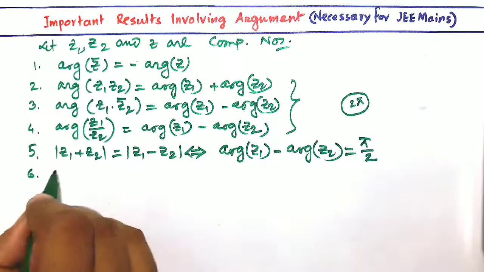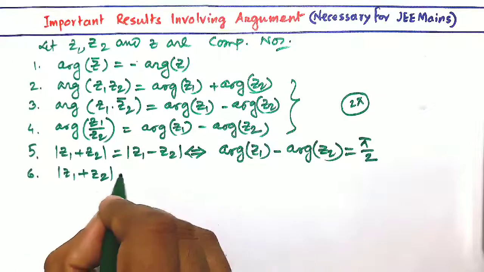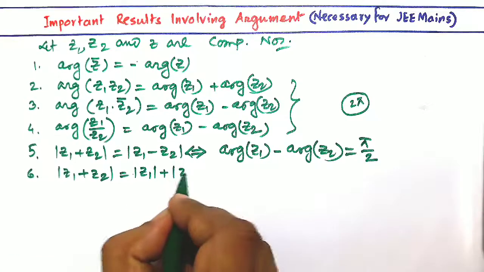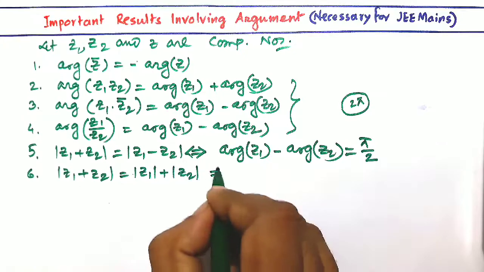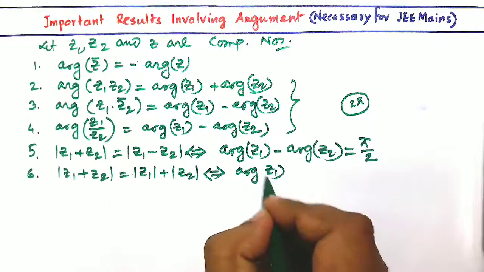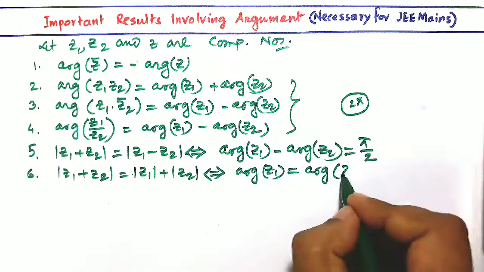Sixth one is modulus of Z1 plus Z2 is equal to modulus of Z1 plus modulus of Z2 if and only if arg of Z1 is equal to arg of Z2.